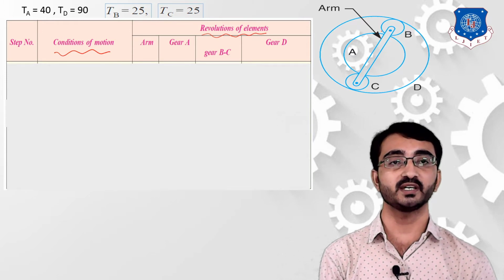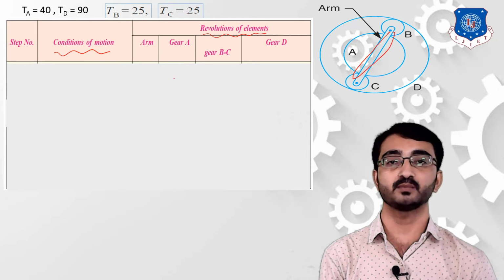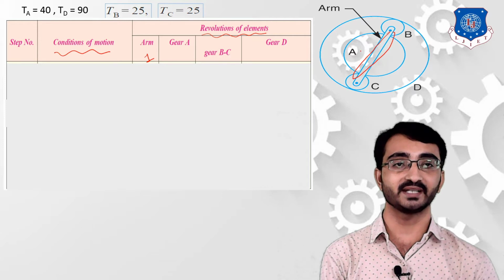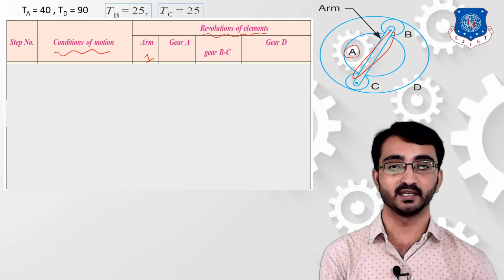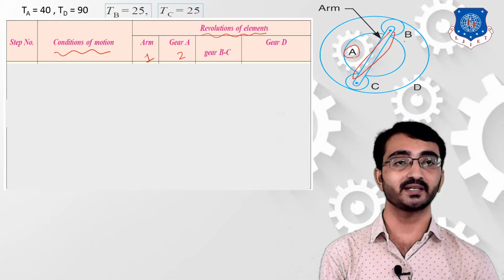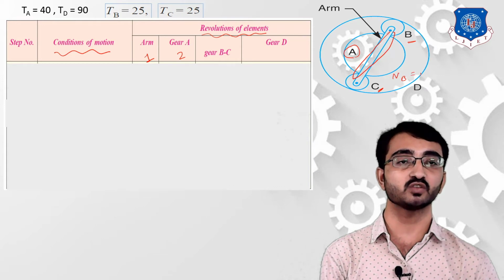For an epicyclic gear train we will always consider the arm as the first component. This arm is connected with the central gear, that is gear A, so your next component is gear A. Now gear A is connected with gear B and gear C. The speed of gear B and gear C will be the same, because the diameter of B and C is the same, and similarly the number of teeth of gear B and gear C is the same.